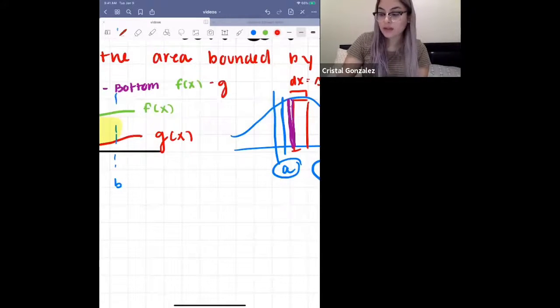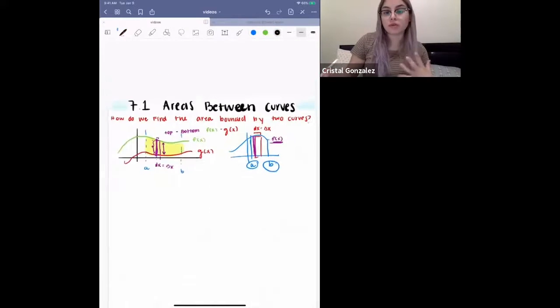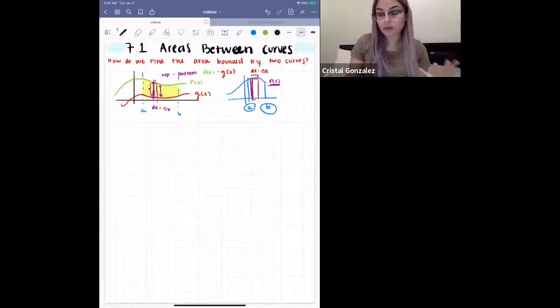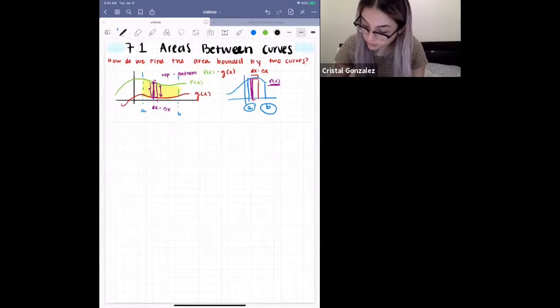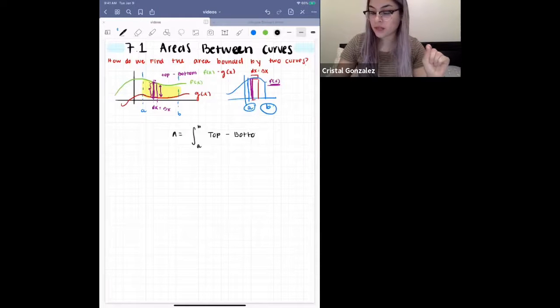That's the idea we're going to have when we are trying to find the area between those two curves. In essence, what I want you to remember is that the area between two curves is equal to the integral from some bound A to some bound B of the top function minus the bottom function, times dx, the width of the rectangle.